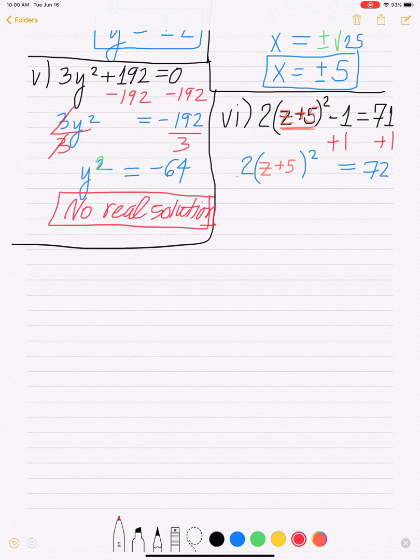So we're going to divide both sides by 2 here. That's going to cancel the 2 in front. So now we'll have, in parentheses, z plus 5 to the second power equals, what's 72 divided by 2? 72 divided by 2 is 36.